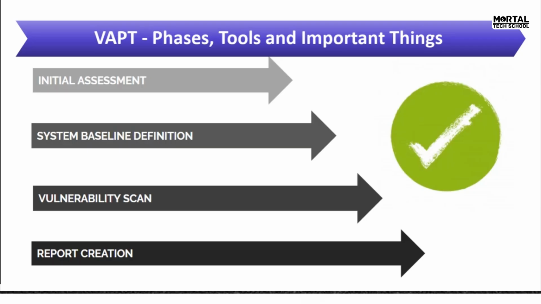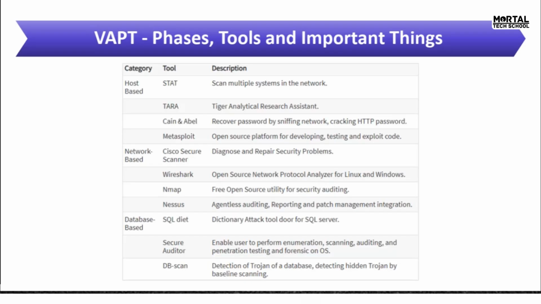Good thinking skills are really not that complicated, but you need a good knowledge of the fundamentals of penetration testing and the tools. So, which are the tools that are used by security experts during penetration testing? There are three categories: host-based, network-based, and database-based.